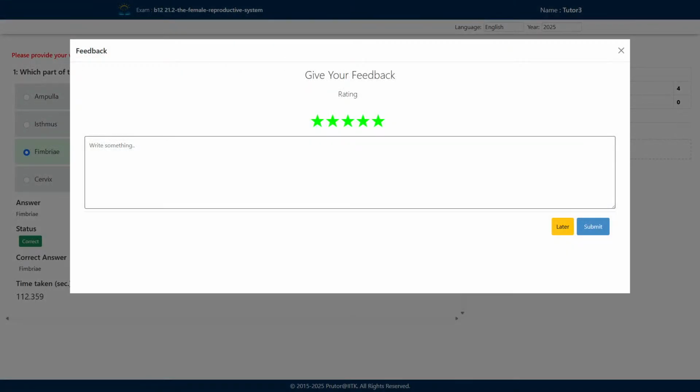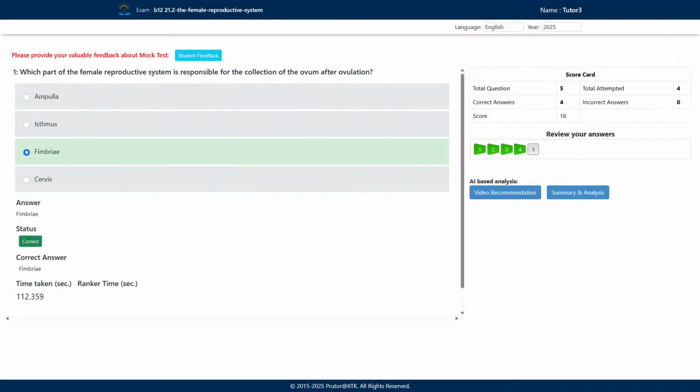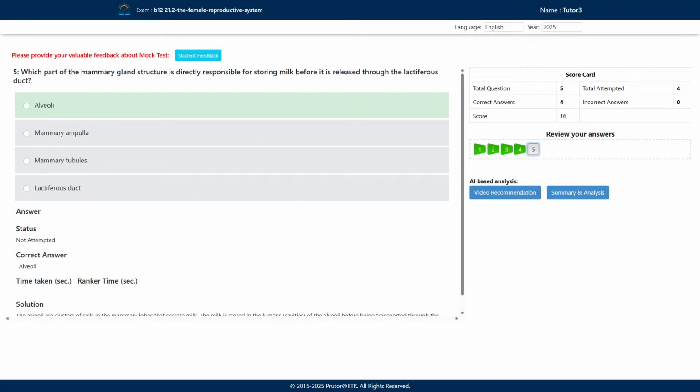Clear? Okay. So all our answers were correct. Okay. Alveoli was also correct. So we were talking about lactiferous duct. These lactiferous ducts are present just behind the nipples. And when the newborn sucks the nipples, it is sucking out the milk from the lactiferous ducts.